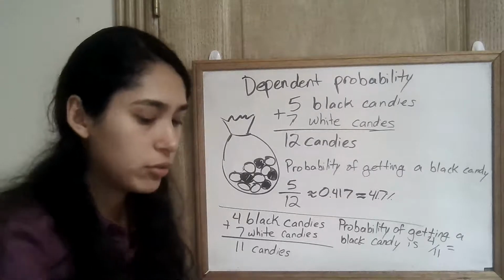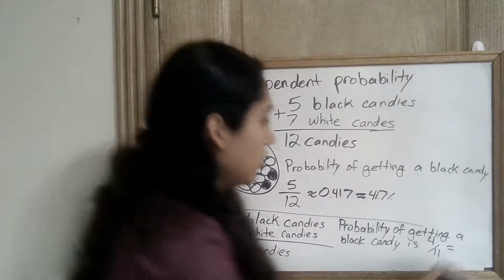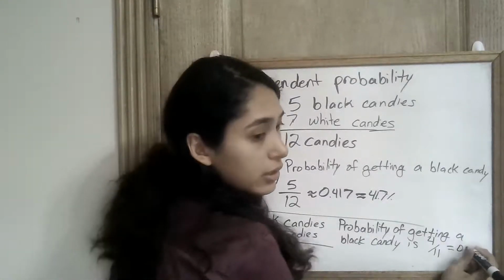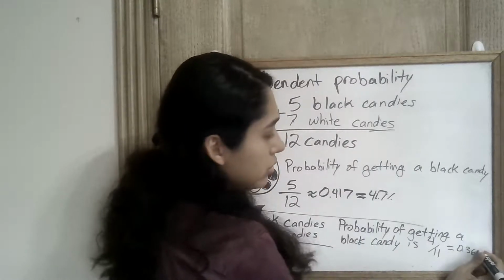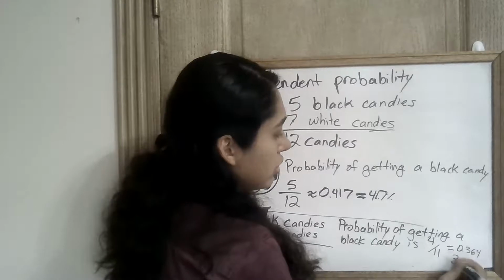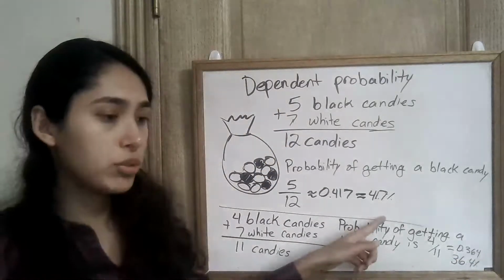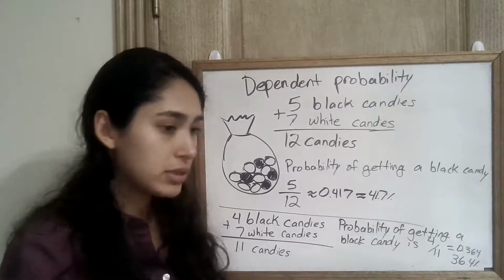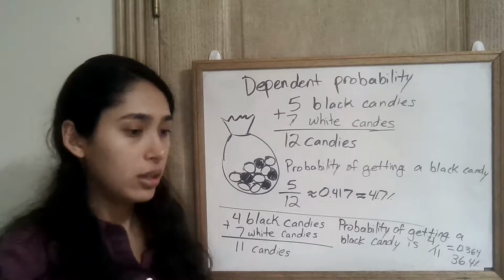Here, if I do 4/11, after just eating one candy, I have changed the probability from 41.7% to 36.4%.